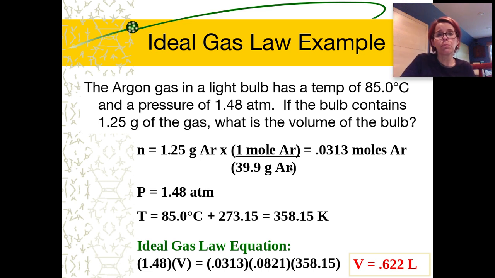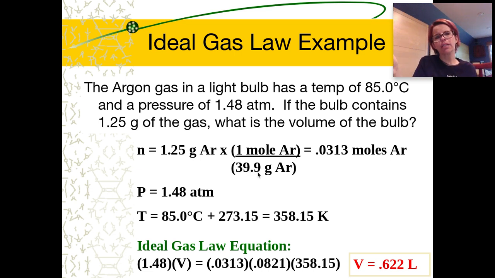But if I were to write it more efficiently, 1 mole of argon, you don't need to include that in your equation because it's just the number 1. So technically, when you do this math here, you're just doing 1.25 times 1 over 39.9. So you could throw out the 1 and you could just do 1.25 divided by 39.9.